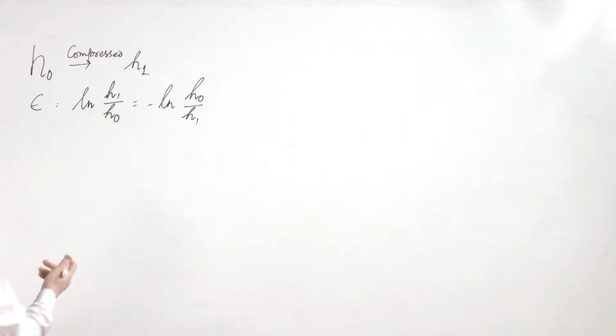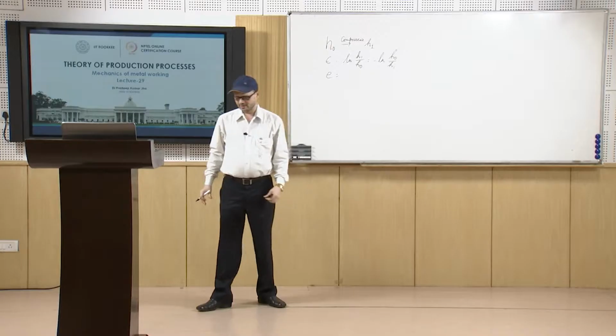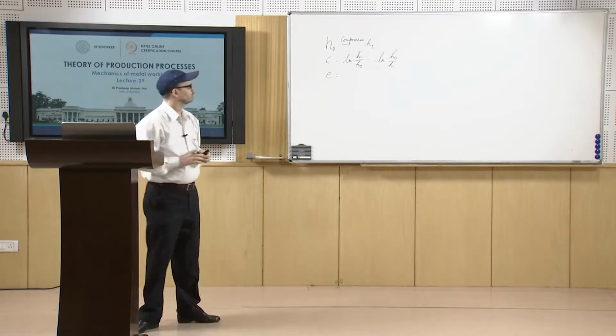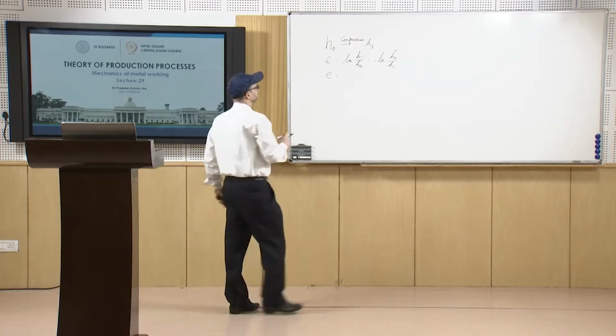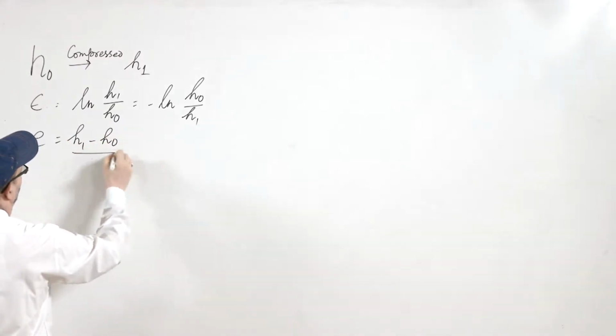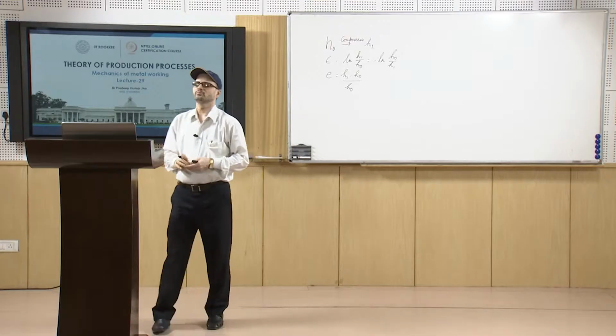The engineering strain will be basically the change in height divided by the original height. So, that will be H1 minus H naught by H naught. So, it will be H1 by H naught minus 1. That is what we get.